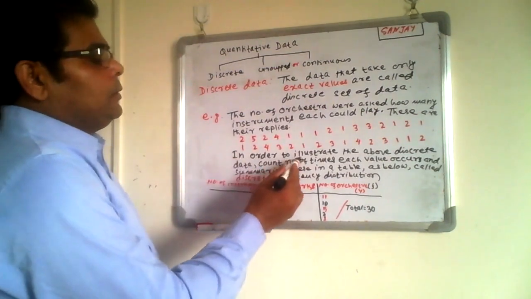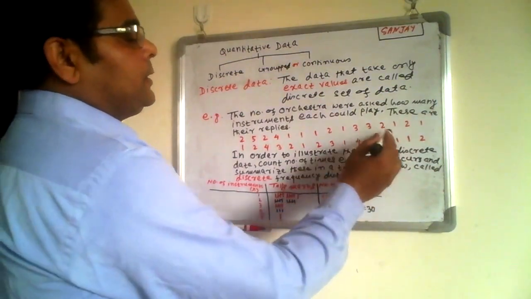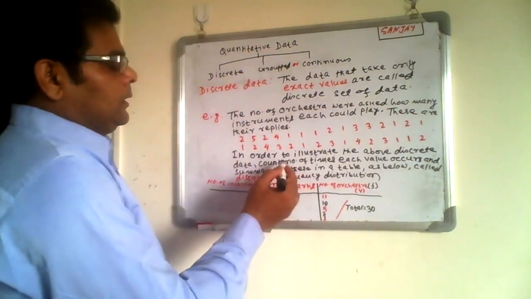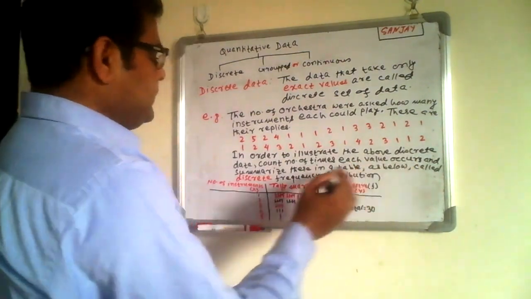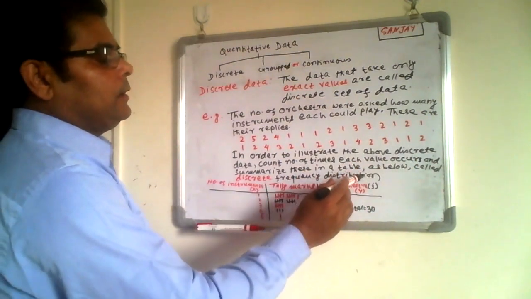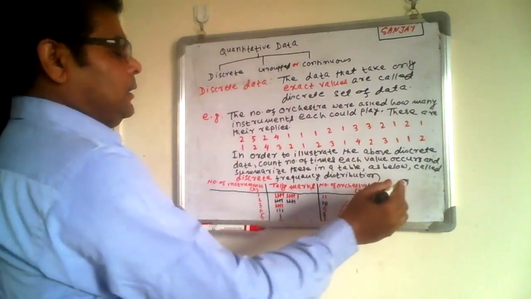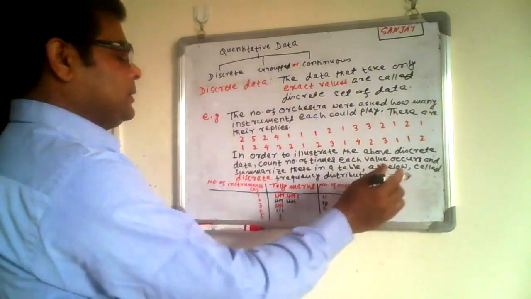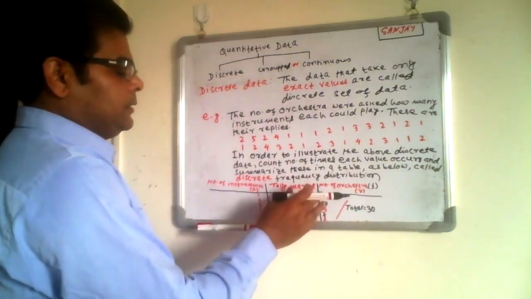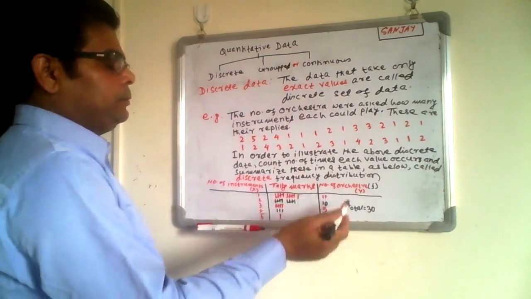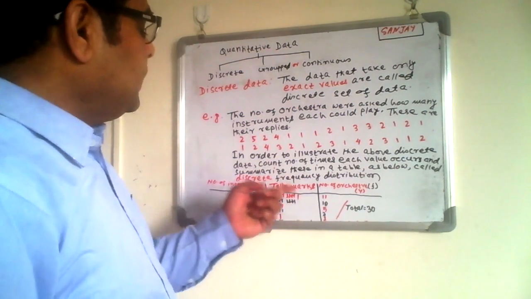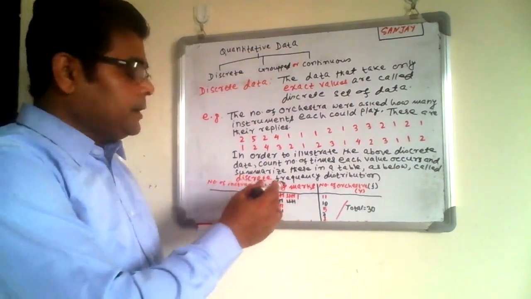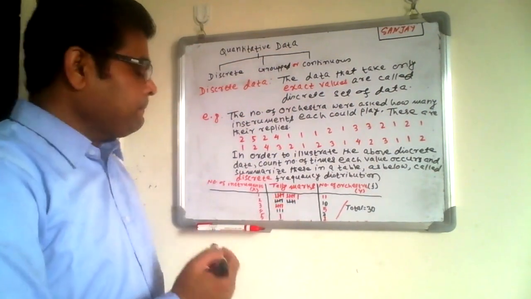Now, in order to illustrate the above discrete data, count the number of times each value occurs and summarize this in a table like this. A table like this is called discrete data, or the frequency distribution related to the discrete data will be called a discrete frequency distribution.